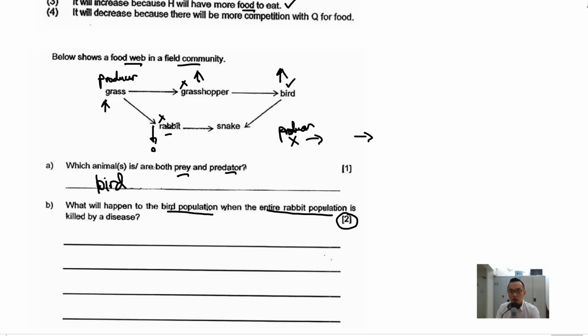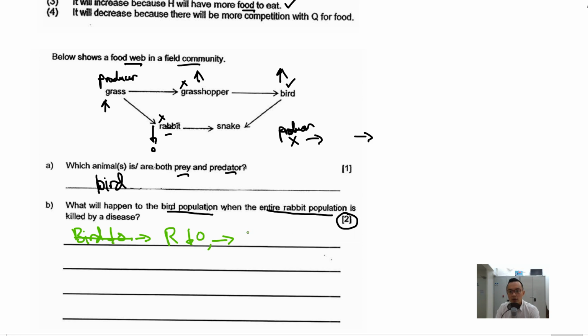It's a 2-mark question, so let's answer this question. What will happen to the bird population if the entire rabbit population is killed by a disease? The rabbit population goes to 0.